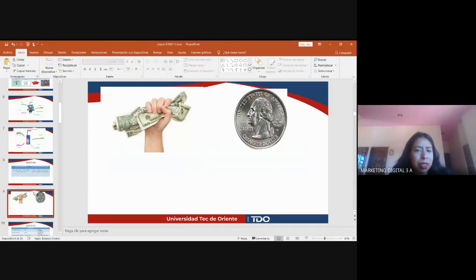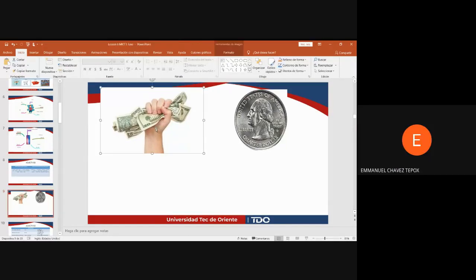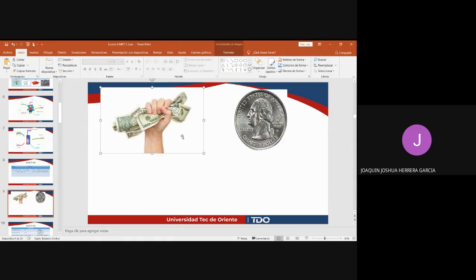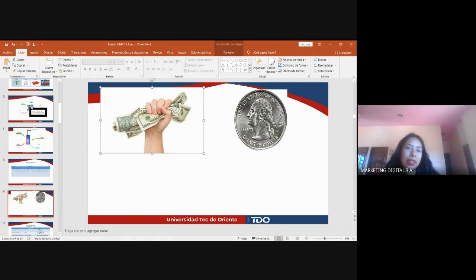Okay, we check this vocabulary. Emma, what is this? No, there is no Monday. Money. We check some new vocabulary today. And you have the image. ¿Puedo decir uno?